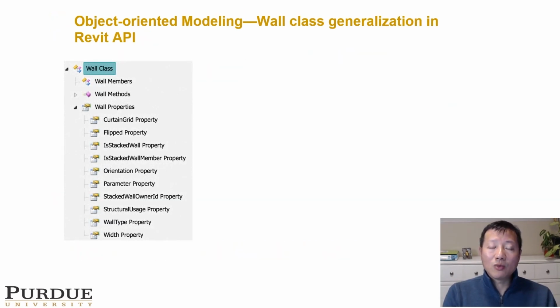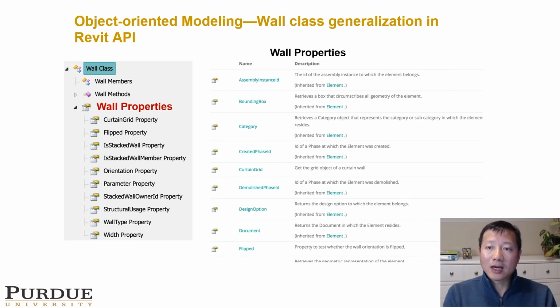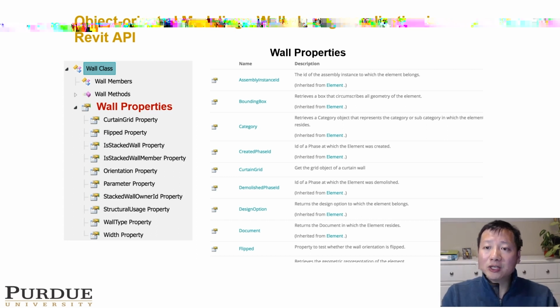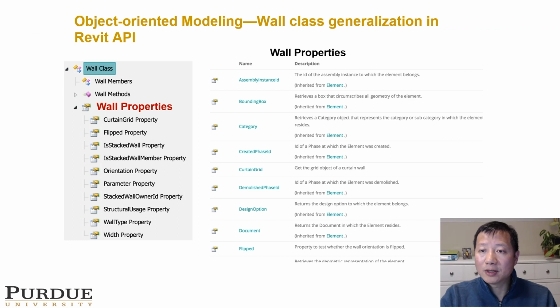Thinking about this, when we implement this in Revit, as you can see, we have a wall class. Thinking about the wall class, you have methods and properties. Let's look at the wall properties, just taking a list of wall properties into consideration. What you end up seeing is a keyword called inherited. Inherited from indicates that this is an attribute that belongs to the element class.